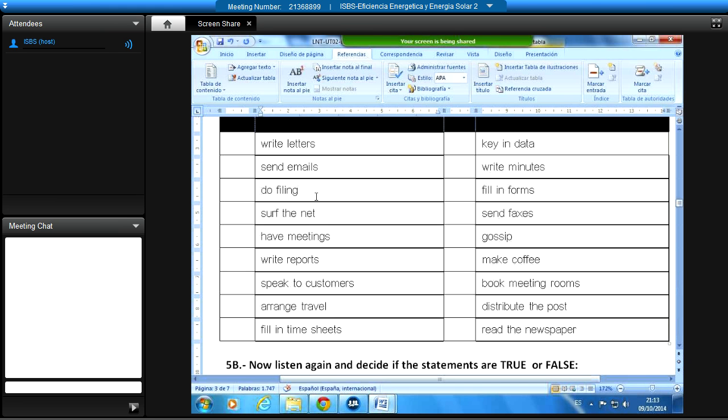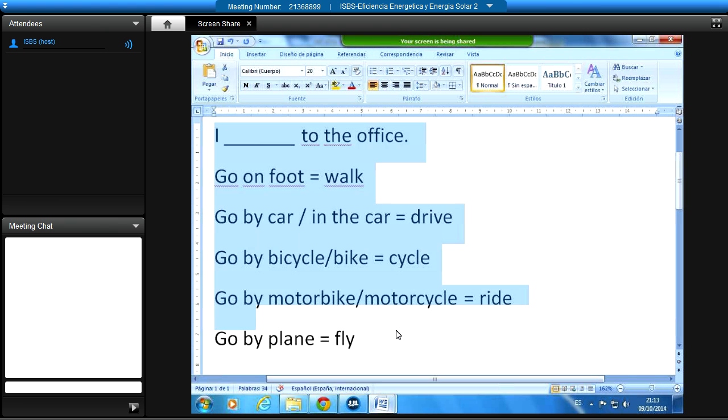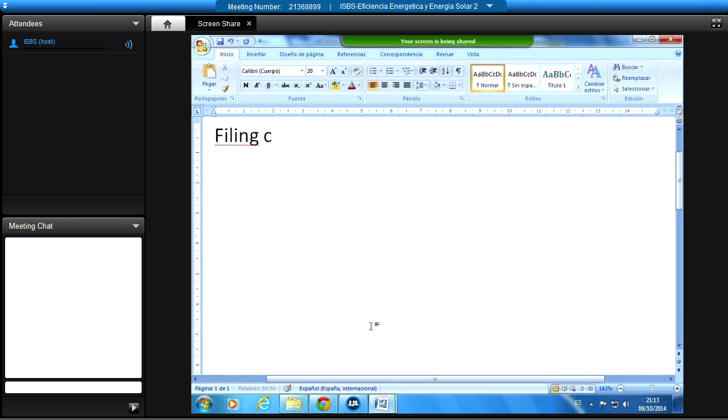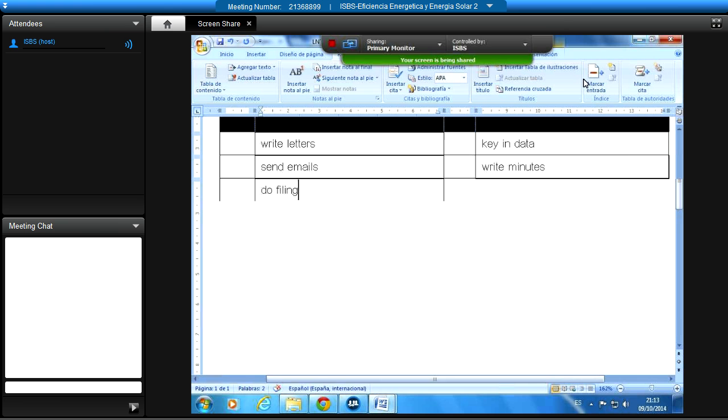Sometimes you have one with drawers, like this, and you put all the documents in it. This is called in English a filing cabinet. A cabinet is the furniture. Good.